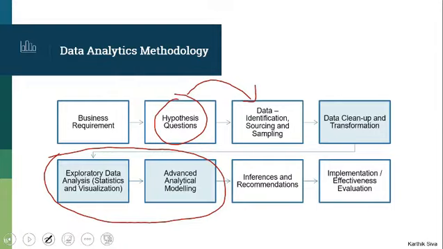In the exploratory analysis, we use statistical techniques like mean, median, mode, variance, and standard deviation. We also look at covariance and correlation. We perform outlier analysis to look at extreme values. We use different types of charts, pivot tables, and pivot charts.